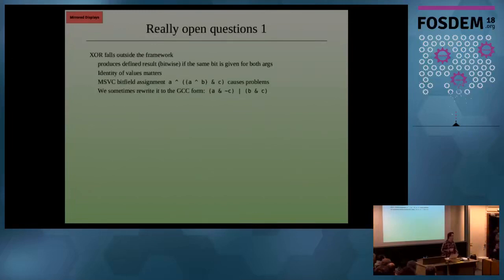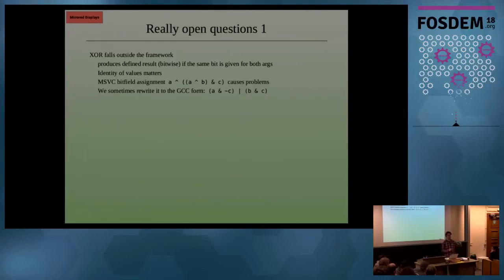So I just wanted to end by showing two open questions, one of which is not a big deal and the other of which is a big deal. The one that's not a big deal is about exclusive OR. Exclusive OR is kind of weird, and it doesn't really fit in the framework properly, because if you take any value and put it into both arguments of an exclusive OR operation, you get 0 as a result, and it doesn't matter what those values were. What actually matters is the identity of the values.